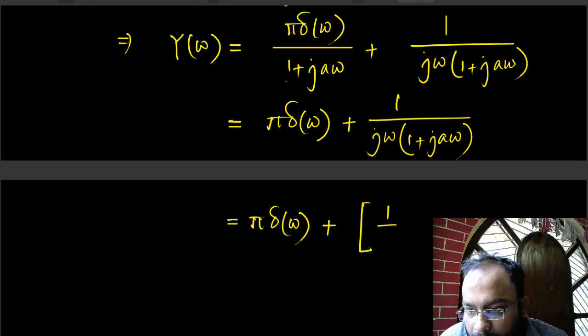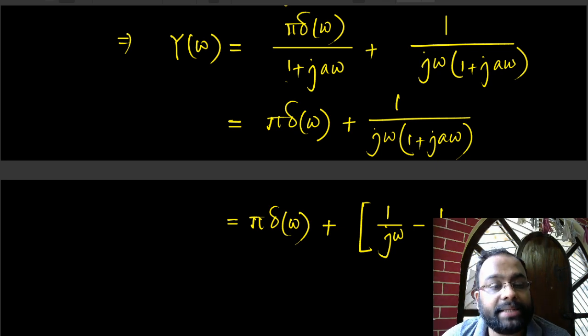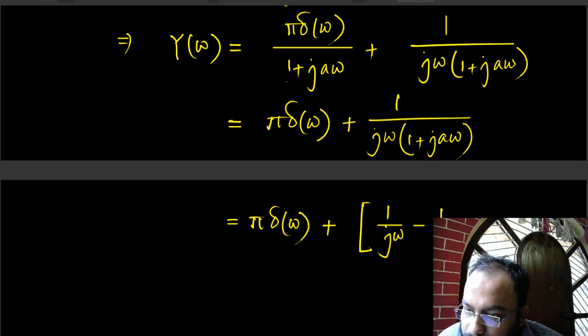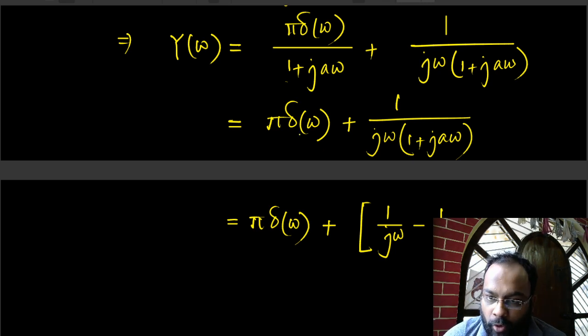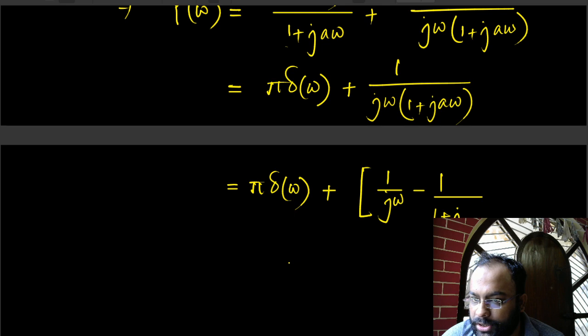I have 1 by j omega minus 1 by... yes, it would be delta 0, you are right about that. But does that matter? No, it does not matter. I can write omega because delta will take care of itself. Delta itself knows that it has a 0 value apart from omega equal to 0. But we cannot put delta 0 here. Then omega becomes a constant for this particular scenario.